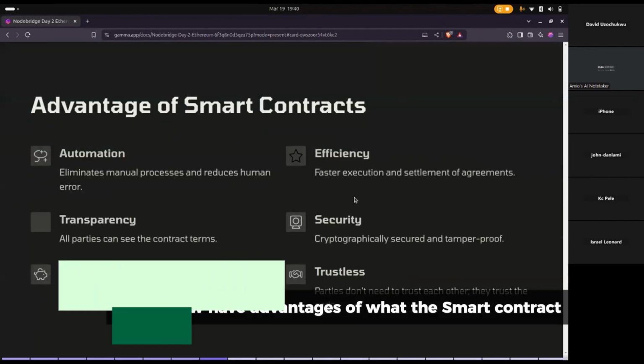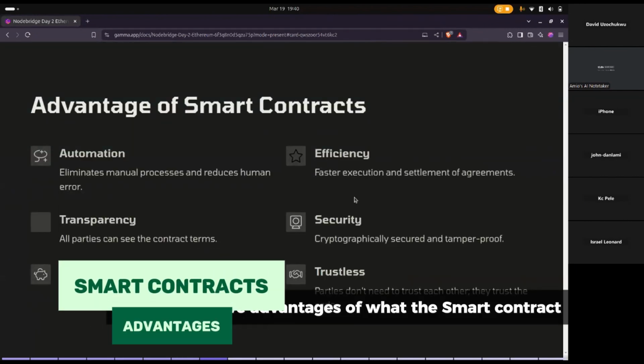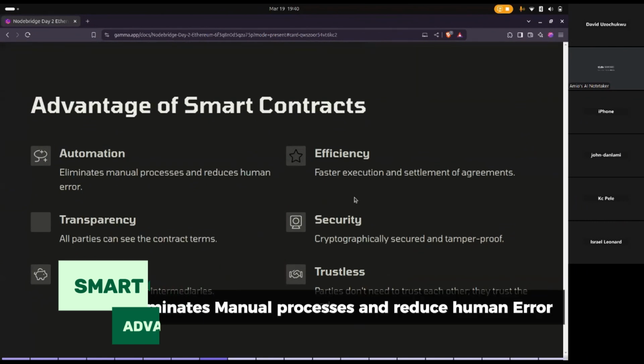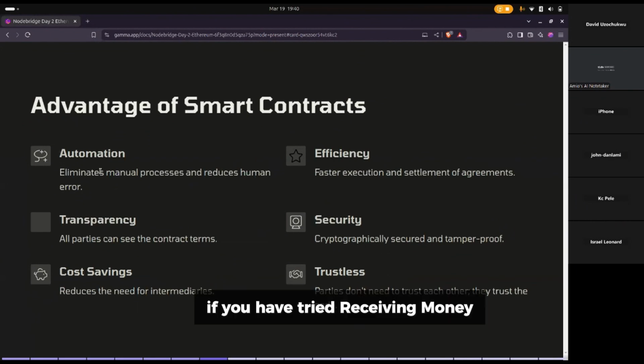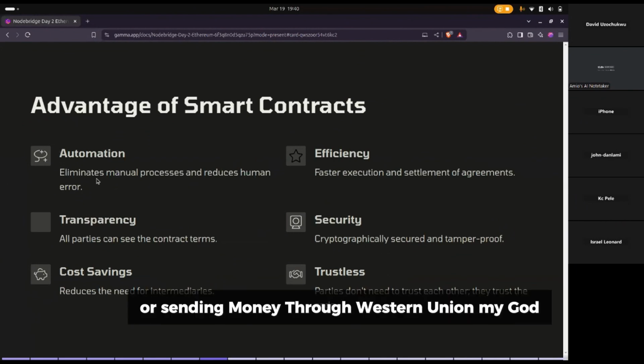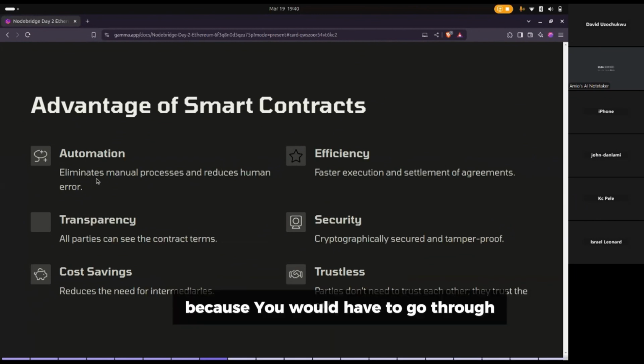Right. So we now have the advantages of the smart contract. Automation: eliminate manual processes and reduce human error. What this means is that if you have tried receiving or sending money through Western Union, my God, you would hate the whole process, because you would have to go through a lot of manual processes.